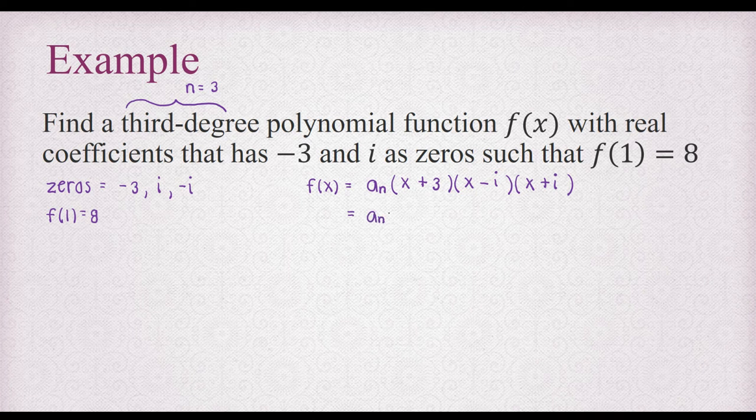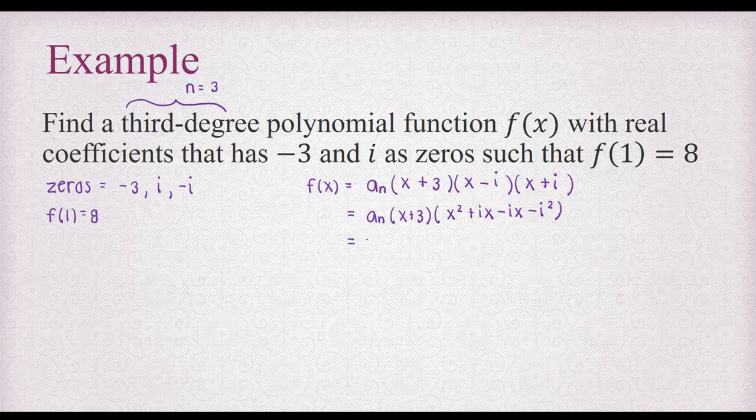I'm going to keep that lead coefficient right now, and I'm going to keep this x plus 3 as well. Anytime I have imaginary numbers, I'm going to start by multiplying those, because then eventually the imaginary numbers should disappear. So if I start multiplying, x times x is x squared, x times i is ix, negative i times x is negative ix, and a negative i times i is a negative i squared.